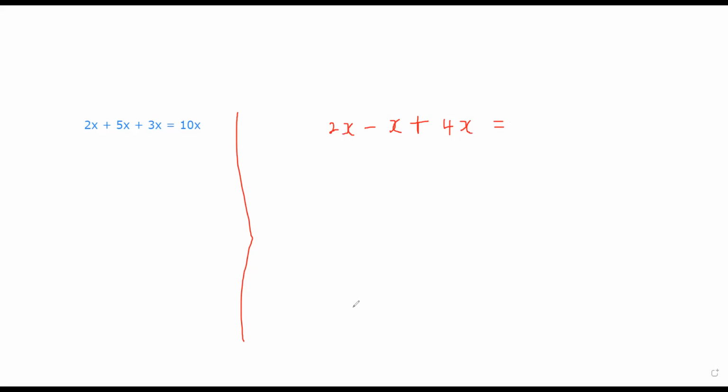So you see, it's basic adding and subtraction. It's just that we have a variable now, and we got to consider it. We say 5x, right?